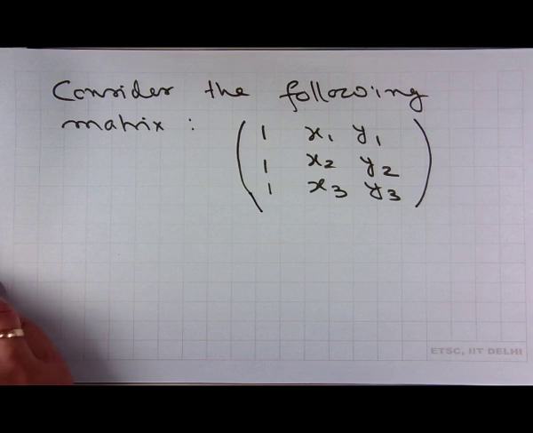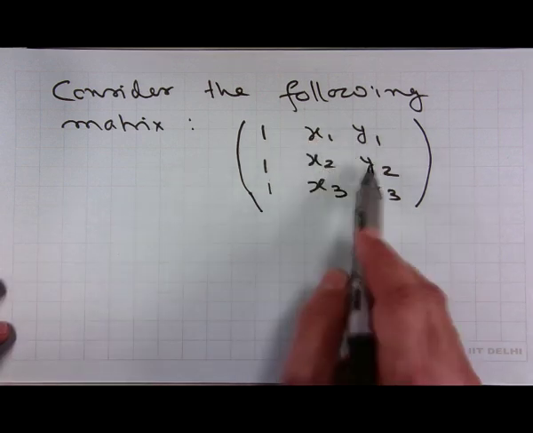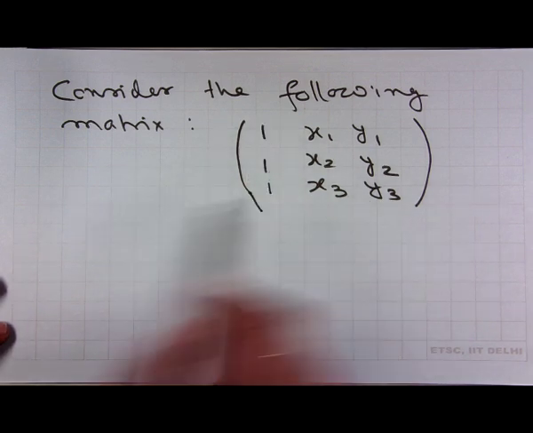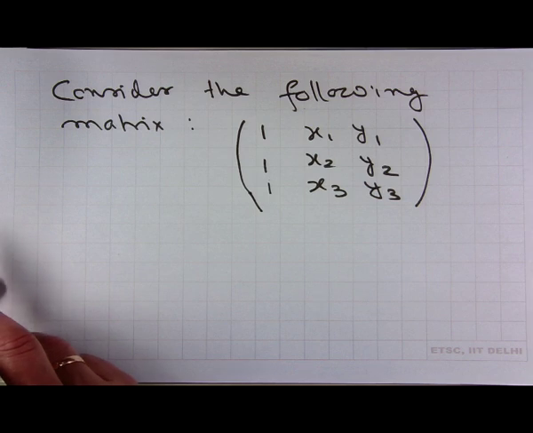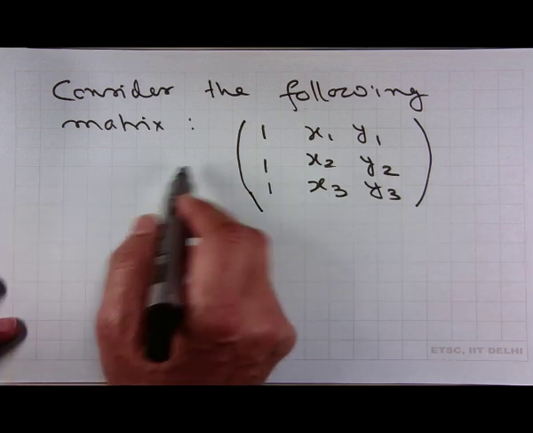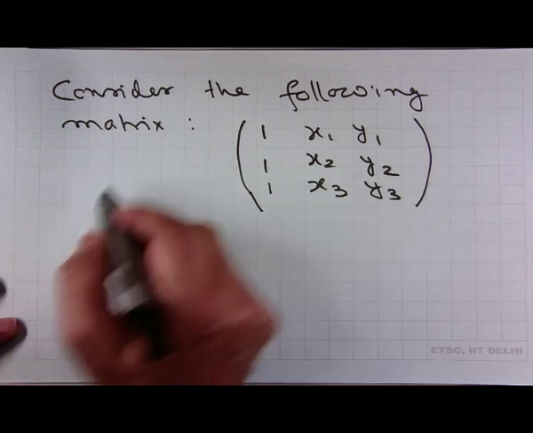So, what we have done? We have taken the 3 points, but of course, we have taken an extra column 1, 1, 1 as the first column. So, what is the determinant of this matrix?